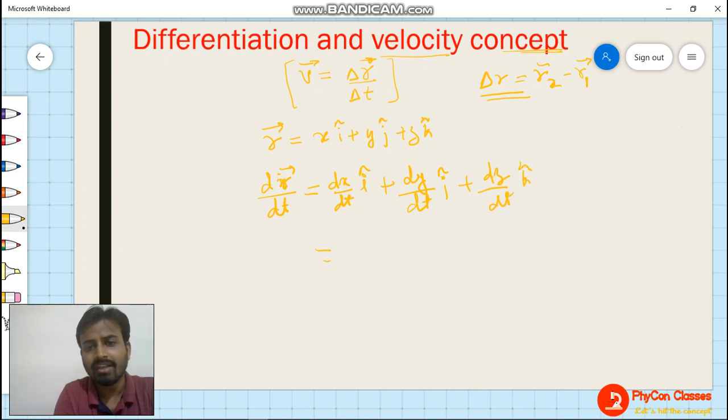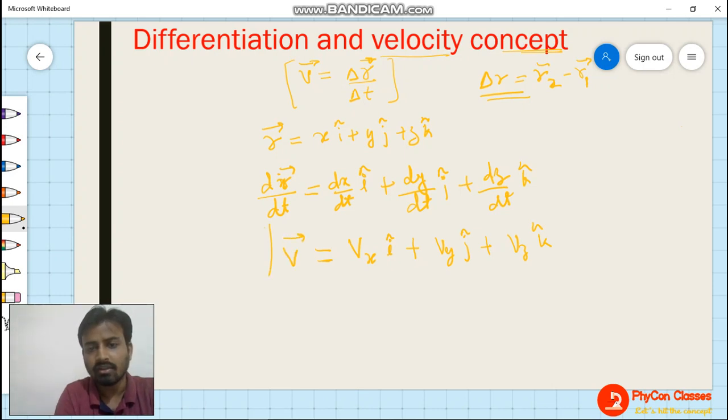Now dx by dt is nothing but the velocity in x direction with i cap. Similarly, dy by dt is velocity in y direction multiplied with j cap, and dz by dt is velocity in z direction multiplied with k cap. Now this is total velocity, net velocity.